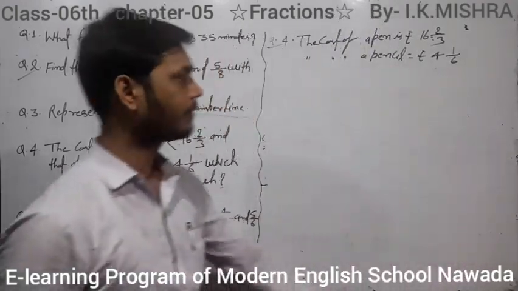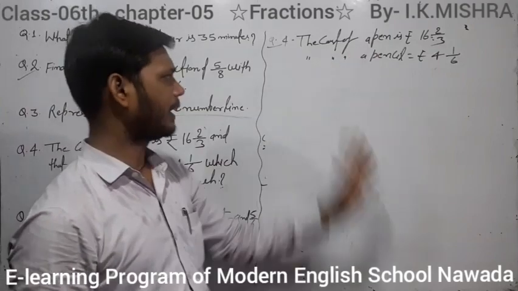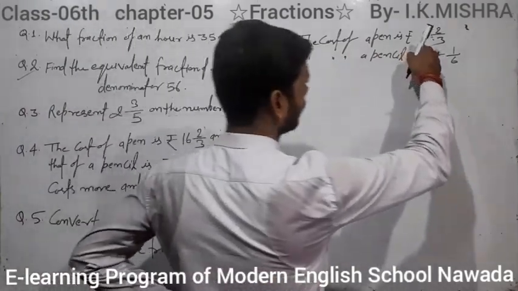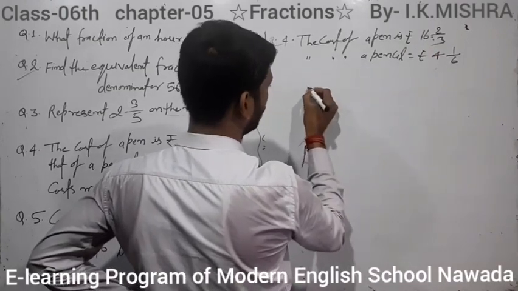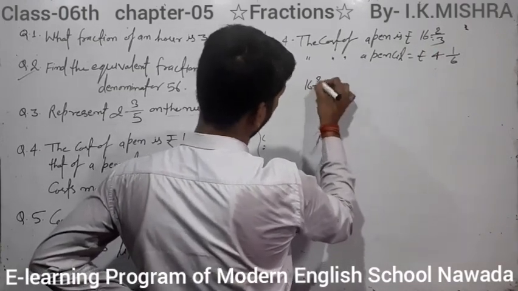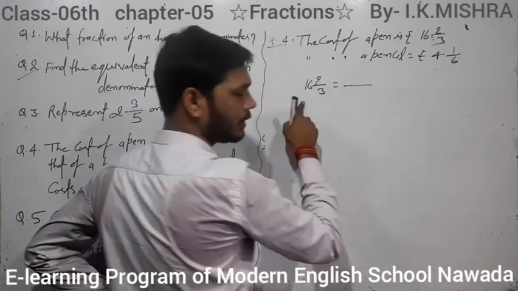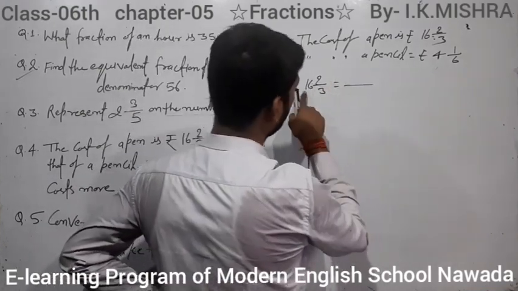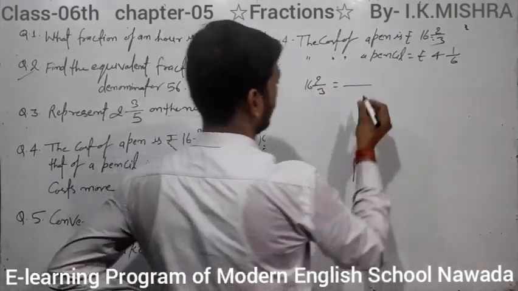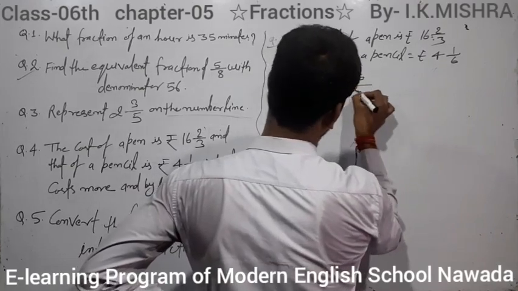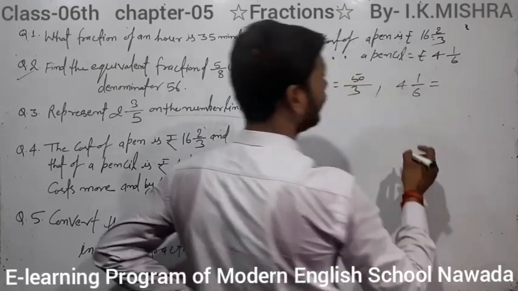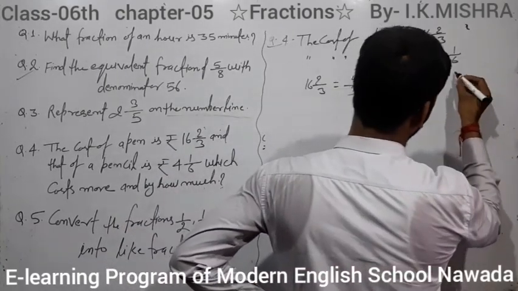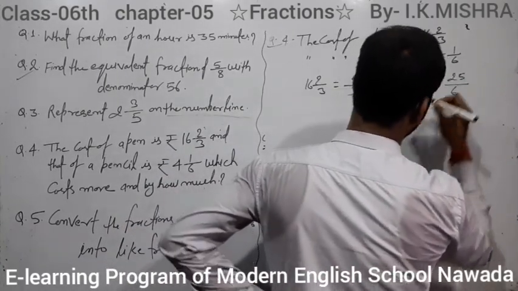Here, students, you can compare. Suppose 16 whole 2 by 3 is equal to, changing into an improper fraction, 16 times 3 is 48, and 2 makes 50 upon 3. And 4 whole 1 by 6 is equal to 25 by 6.